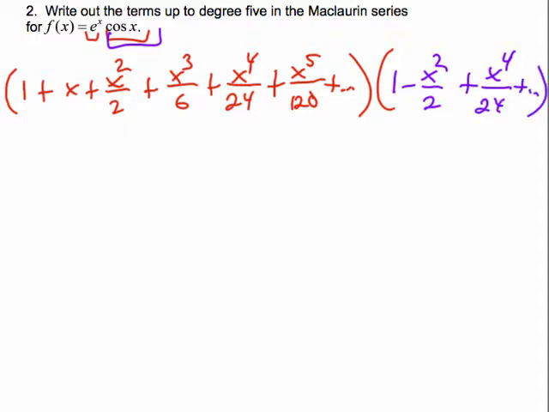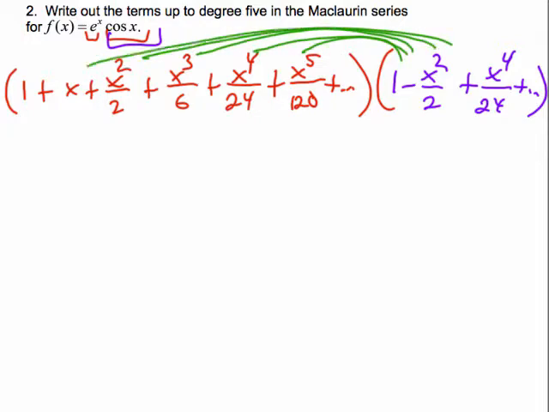I need up to degree 5 in my final series, so I have up to degree 5 in each of the factors. Now when I go to multiply out, I need to take all combinations of multiplication that are going to give me up to degree 5 terms. What I'm going to do is I'm going to multiply from the second factor. I'm going to need to multiply the 1 in the second factor to each of the terms shown in the first, because each of those will produce a term with degree 5.